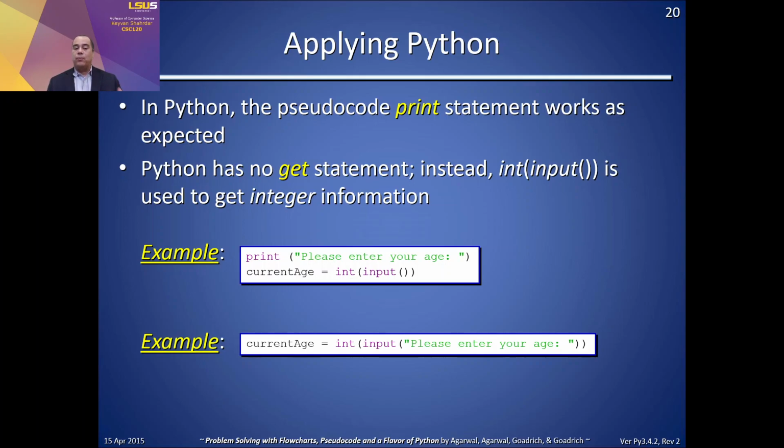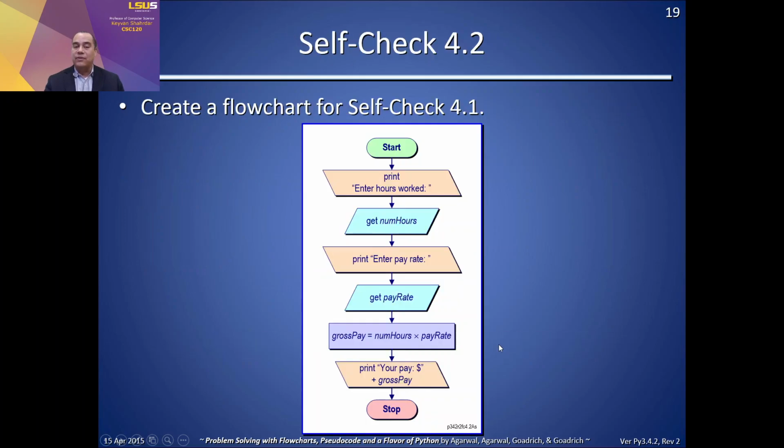You could print and then get the input, or you could print inside of the input. As you could see here, you could print please enter your age, and then current age equals int input. Or when you combine them together, current age equals int input, and then you say please enter your age. They both do the same thing.